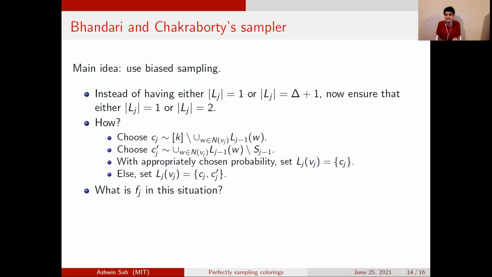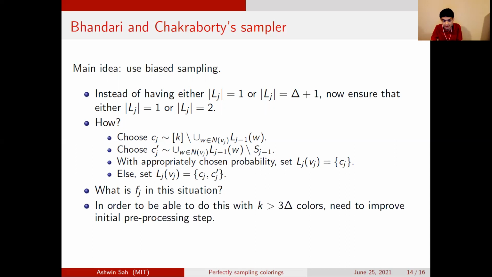And you choose these biases in a way that it perfectly lines up, such that if you forget about the list and everything, and you just look at what it marginally does on a single coloring in this neighborhood, you know what these lists are, and you want to see how it recolors, one can actually choose these biases in a way that it averages out to uniformity over the possible recolors. This is an incredibly clever trick. And using this method, they can run it through and make sure the list sizes are always 1 or 2.